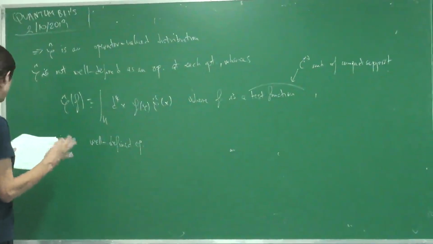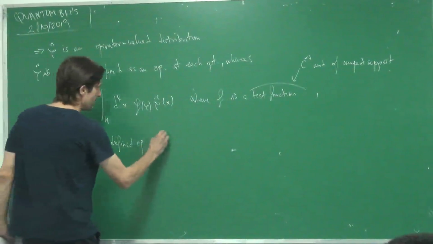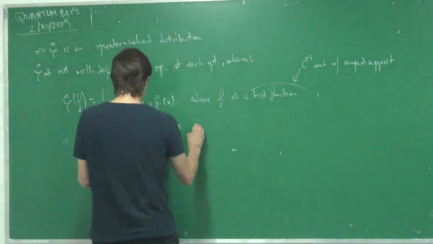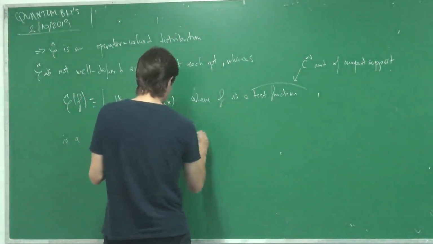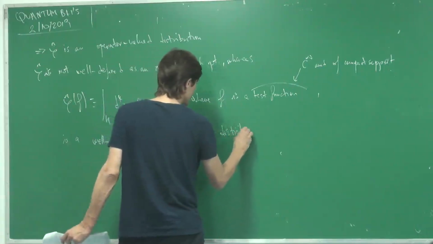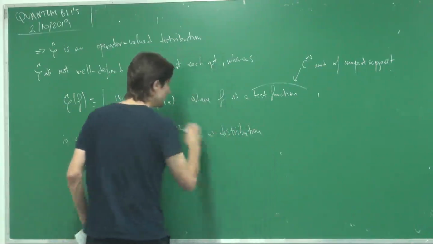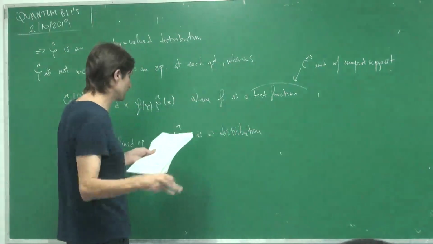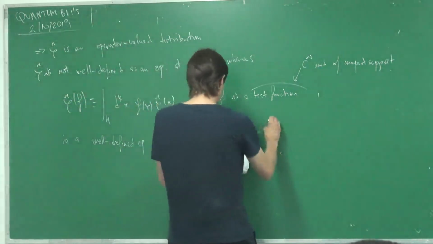So this is a well-defined operator. So phi is a distribution, or it's an operator valued distribution in this sense. We need to smear it first to get an operator.